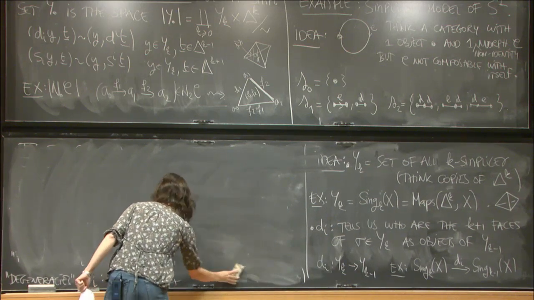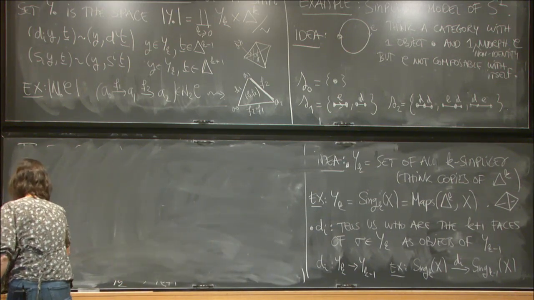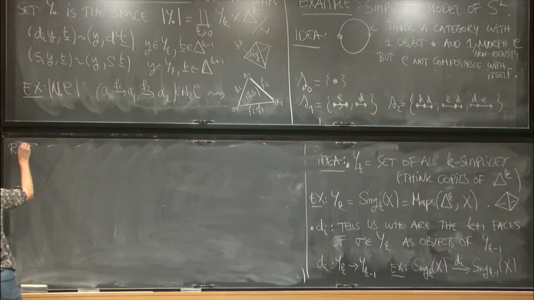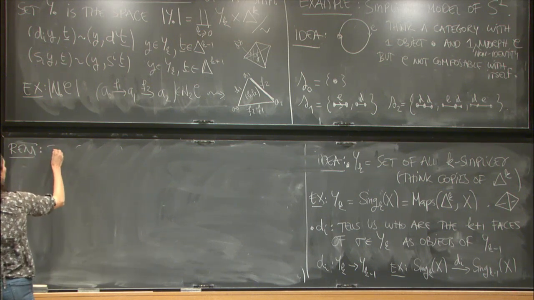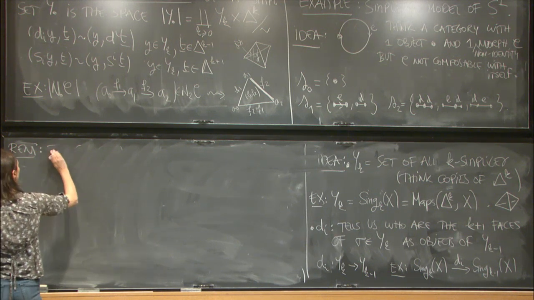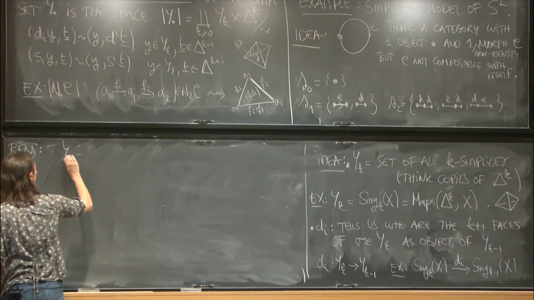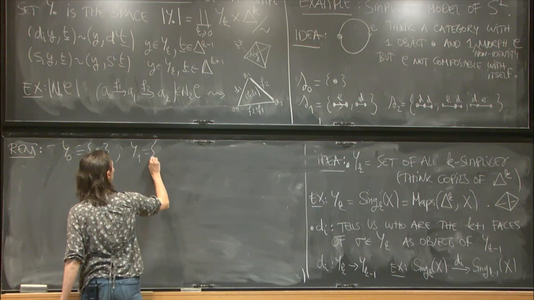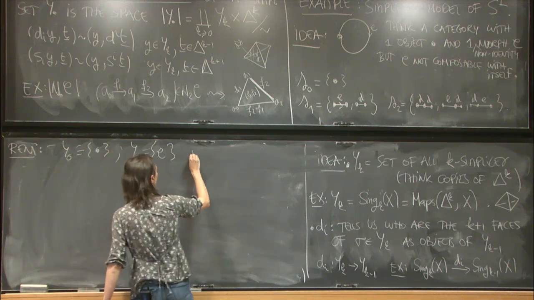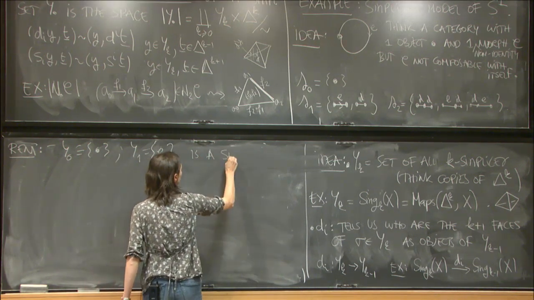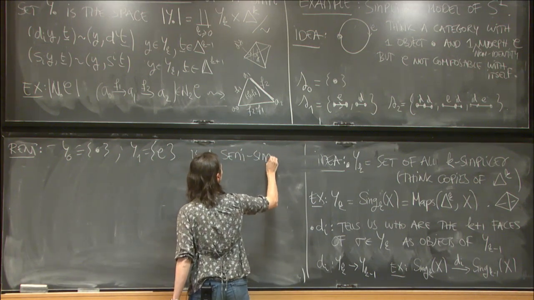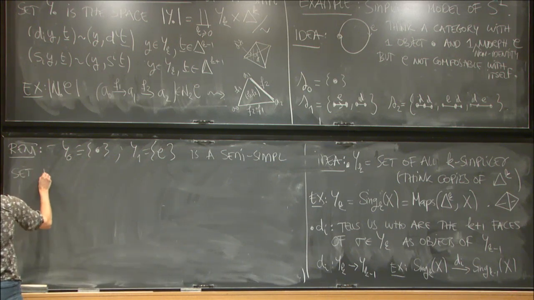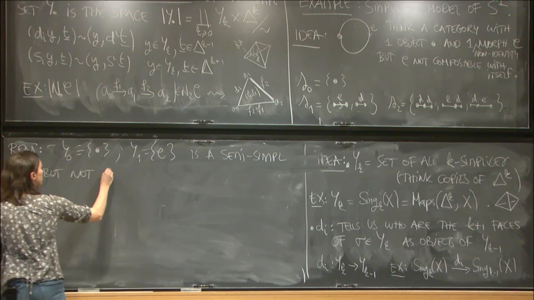Let's say I was being more innocent and I tried to do so: Y0 is just a point, Y1 is equal to E, a semi-simplicial set, but not a simplicial set.